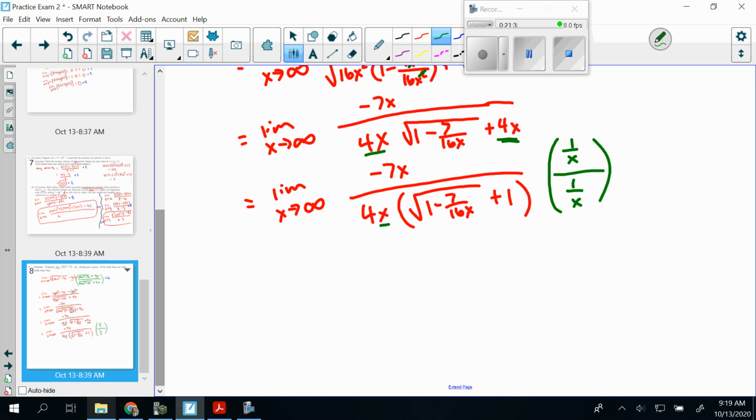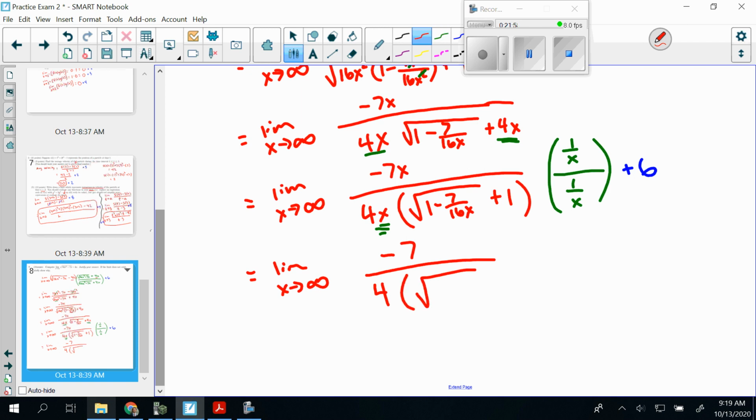And so now our limit, on top, if we multiply by 1 over x, is just negative 7. On the bottom, that's going to cancel this x right here, so just be 4. And then we got these terms left.